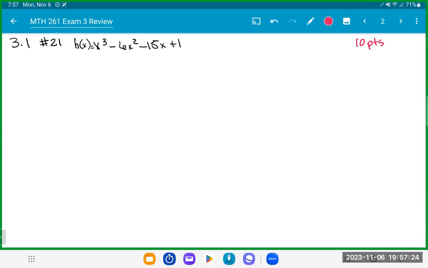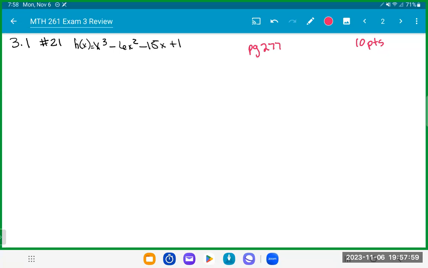Let me turn to that page and get you what the exact instructions are. Page 277 of your textbook. And this one is really just wanting you to determine any critical points and any relative extrema.